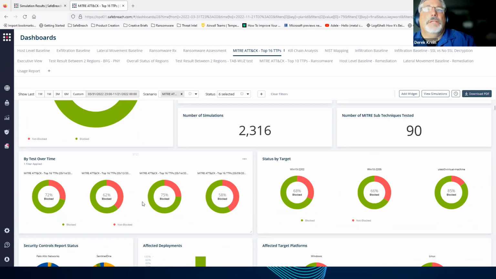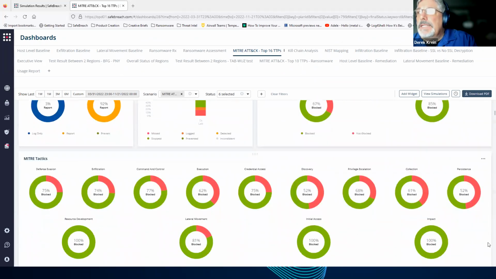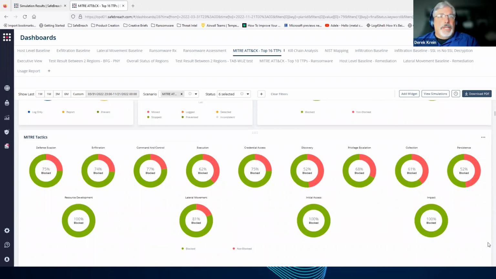In this case, you can look at tests over time and see the differences. You can look at status by target and OS. You can look at your security controls and where you sit from a platform basis, whether it was Windows or Linux, and how you're doing. Digging into the tactics and getting an idea where you sit tactic by tactic. This is the big picture view.